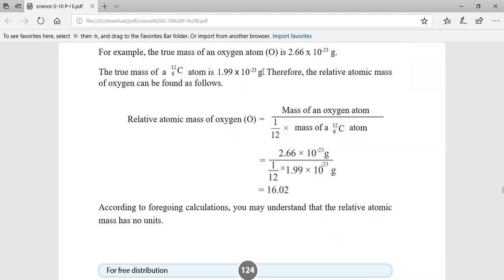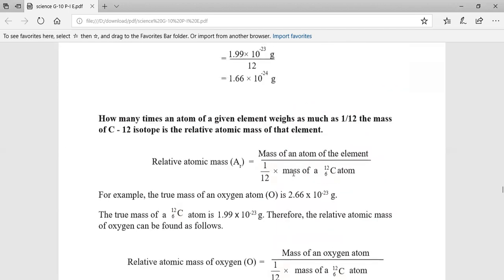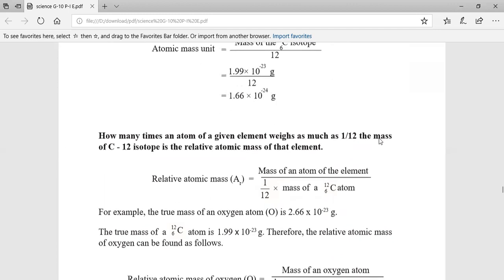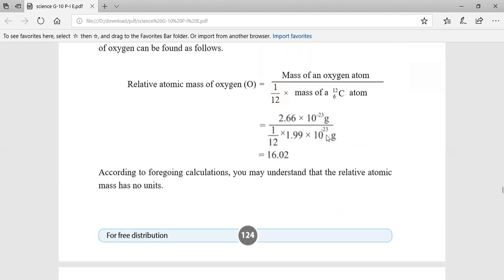We write here the true mass of oxygen, and simplify it.